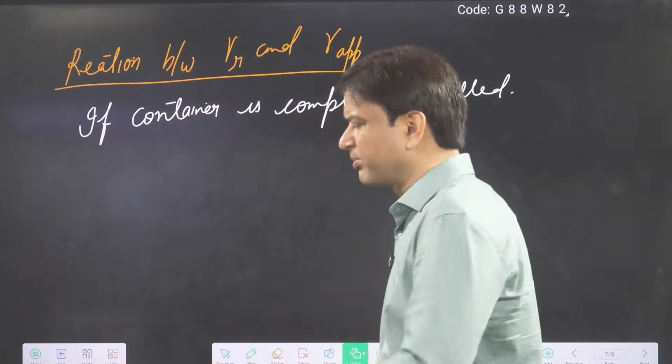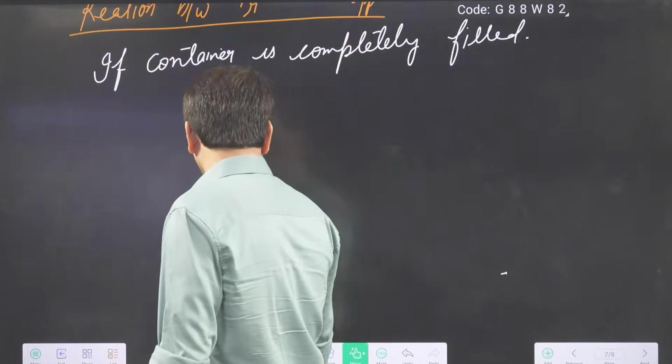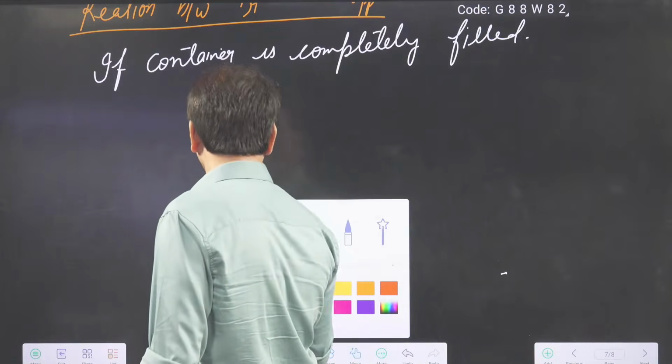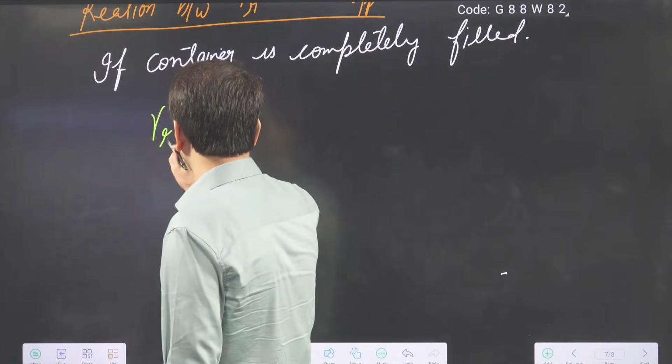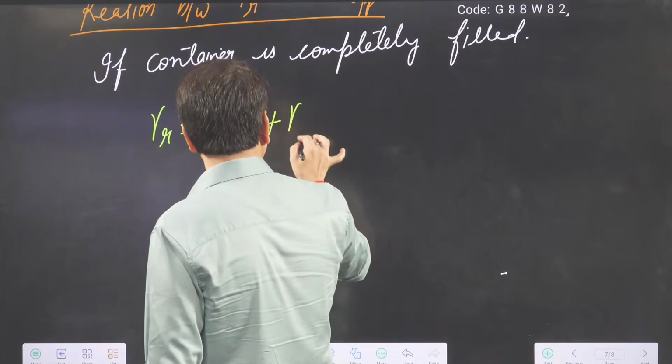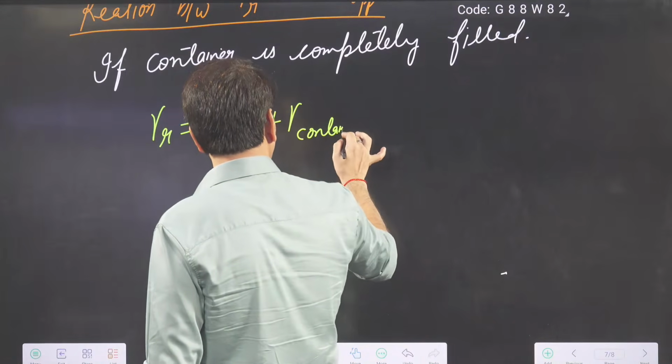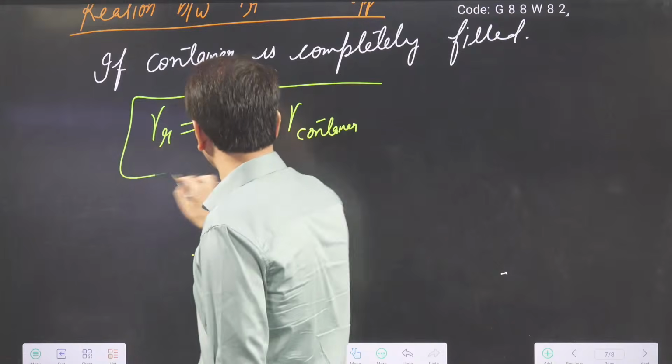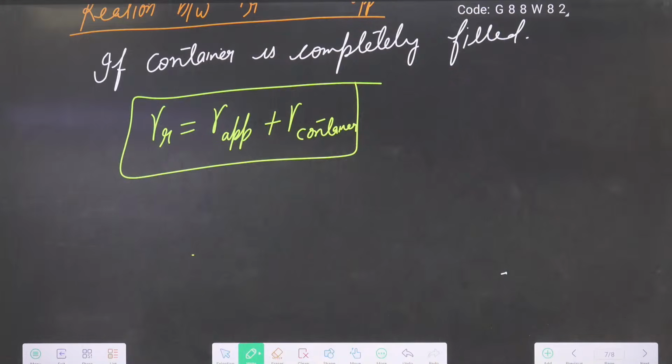Mathematically we can derive it easily, so directly I am writing the relation. If the container is completely filled, then gamma real is gamma apparent plus gamma container. This relation you have to remember: gamma real is equal to gamma apparent plus gamma container.